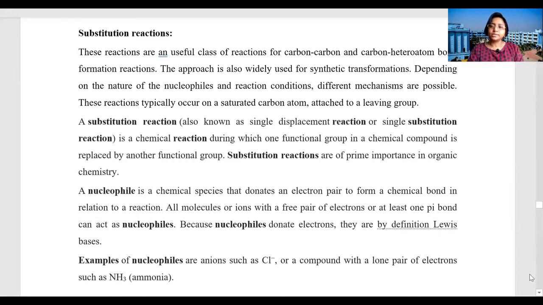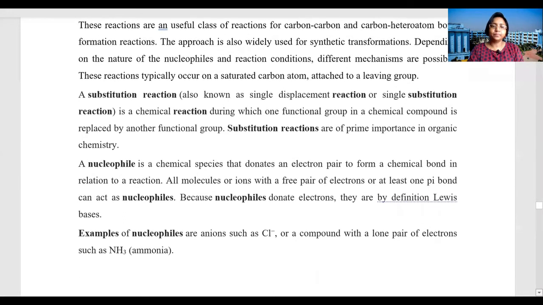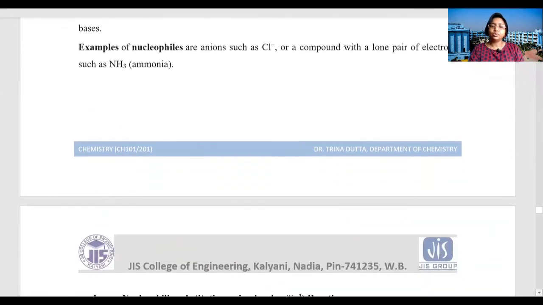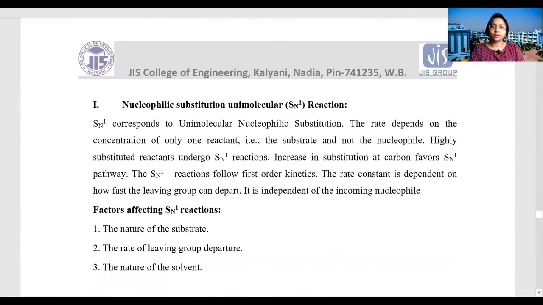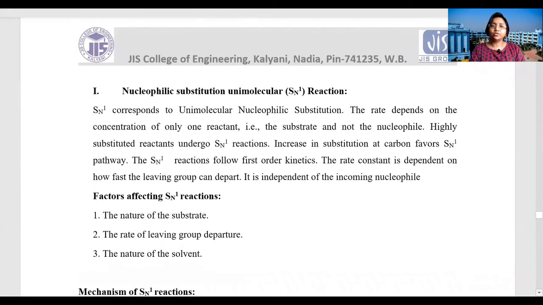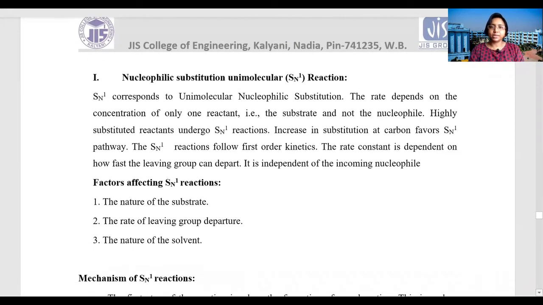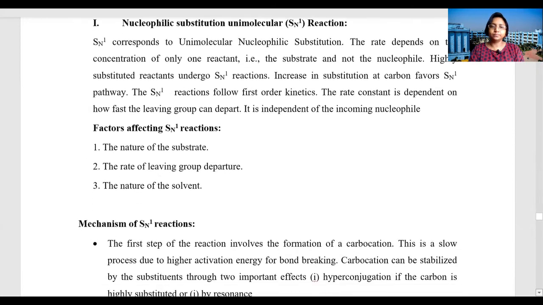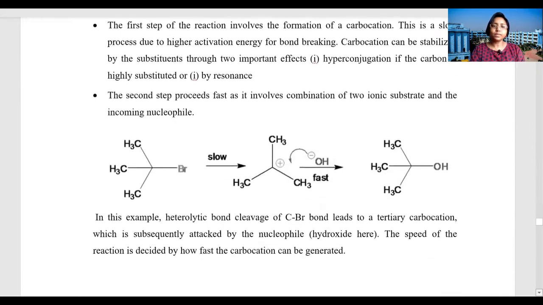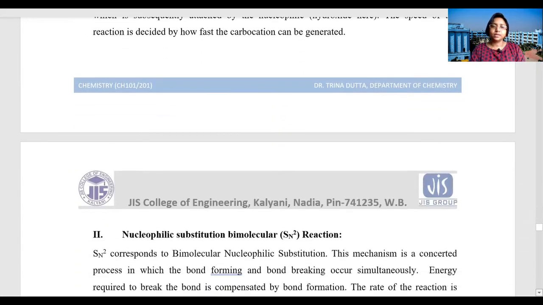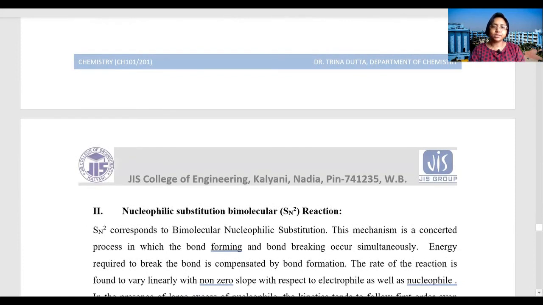Now, the substitution reaction is of 2 types. The nucleophilic substitution unimolecular reaction, that is called SN1. Another is called nucleophilic substitution bimolecular, the SN2 reaction.